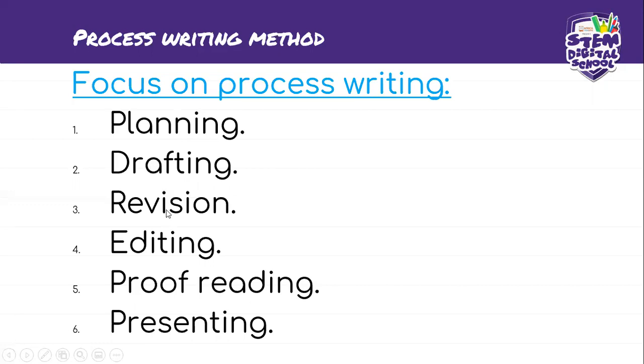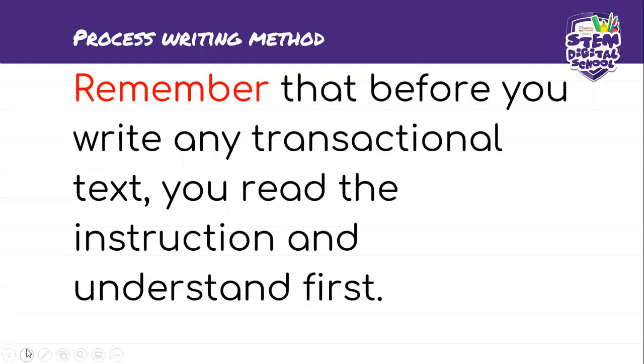After that, you're going to revise what you've drafted, and then edit. Each and every step depends on the steps that came before it. So writing is a whole process, therefore you need to go one step at a time. Let us go through all these steps one by one.